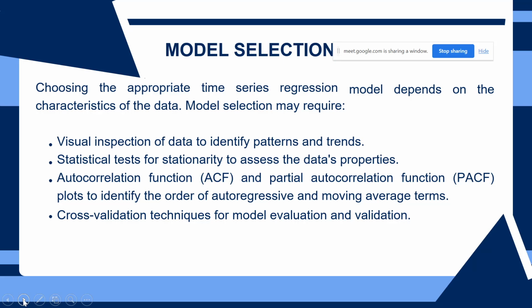Third, autocorrelation function (ACF) and partial autocorrelation function (PACF) plots to identify the order of the autoregressive and moving average terms. And last, cross validation techniques for model evaluation and validation. First, we're talking about the visual inspection of data to identify patterns and trends.